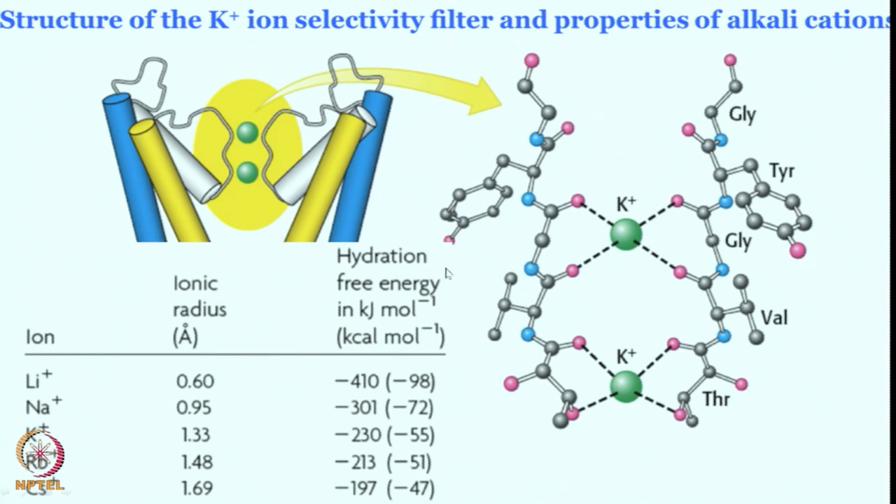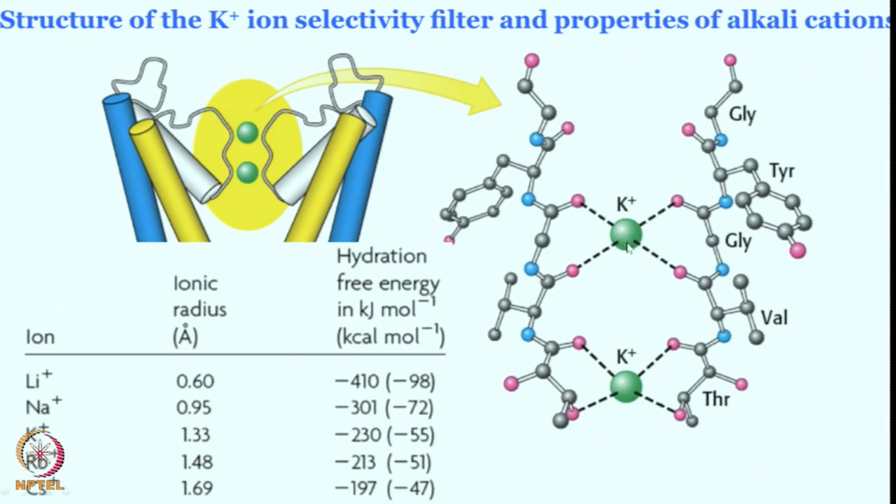For instance, when potassium is passing through this channel, the protein residues from this protein backbone, different amino acid backbone, this peptide backbone or amino acid residues will be interacting with the potassium center, and that is what is happening here, as you can see, making life easy for potassium as it is passing through.